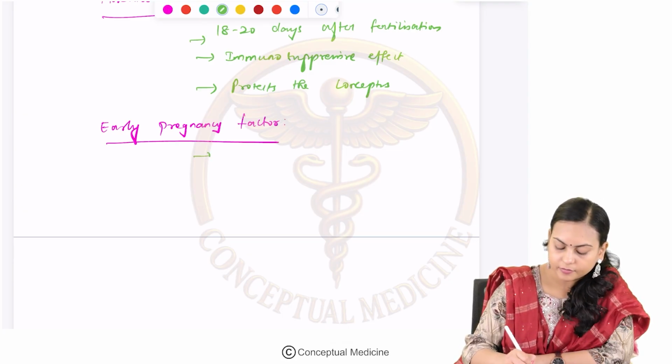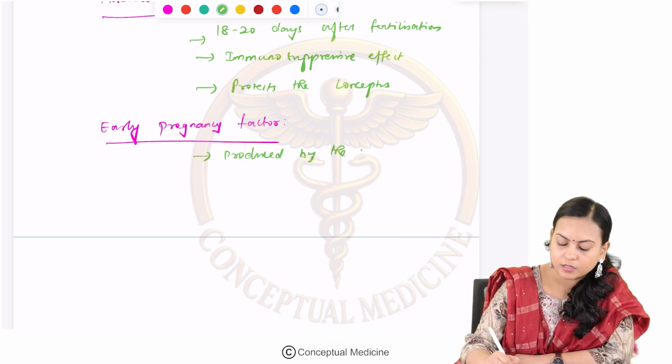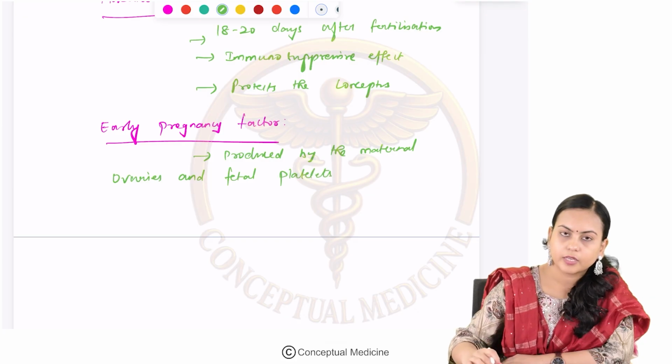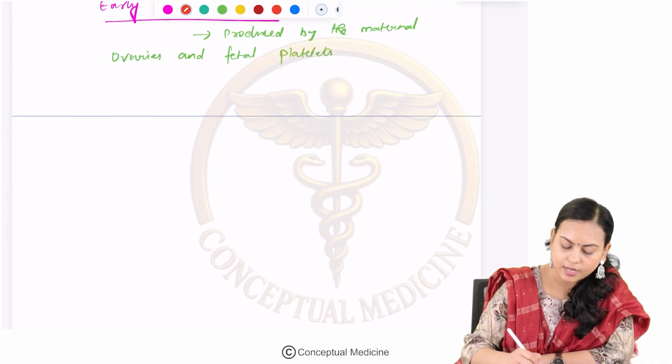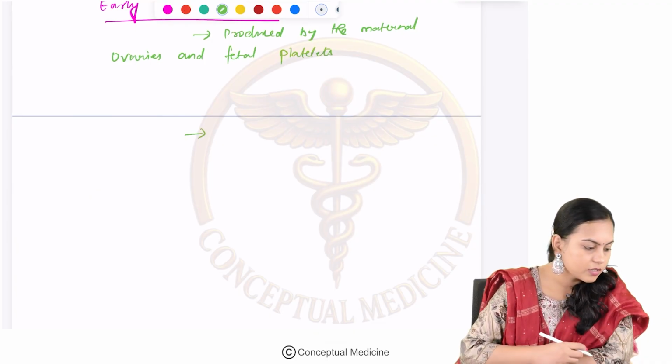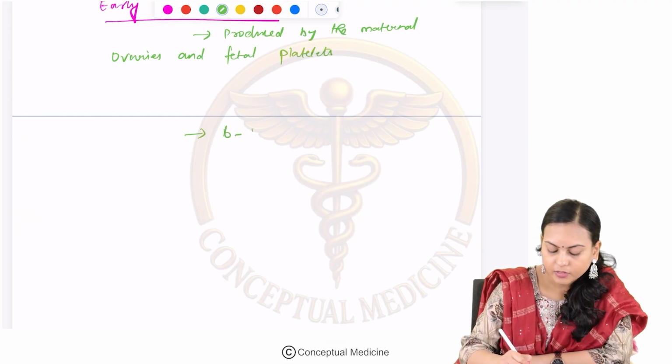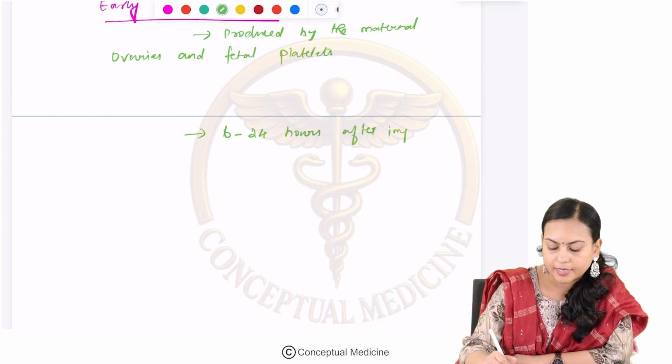Early pregnancy factor is produced by the maternal ovaries and the fetal platelets. Okay, and this is also seen as early as 6 to 24 hours after implantation, and this also has an immunosuppressive effect.